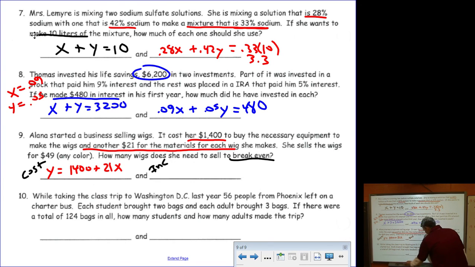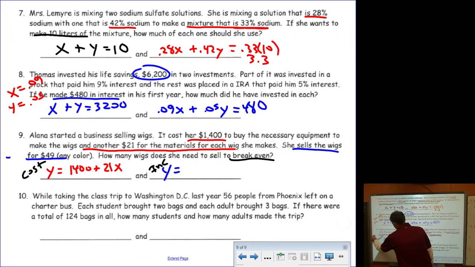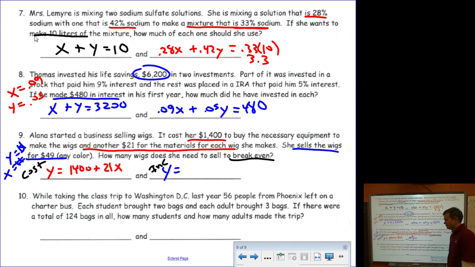The income equation would be that I sell the wigs for $49 each, so the amount of money y, remember y equals dollars, and x equals the number of wigs. So the amount of money I'm making would be $49 times how many wigs I sell.